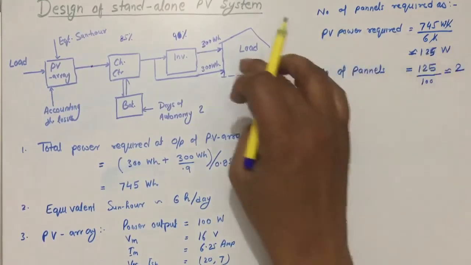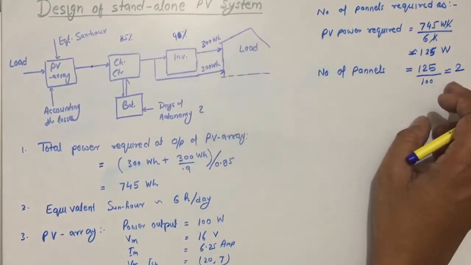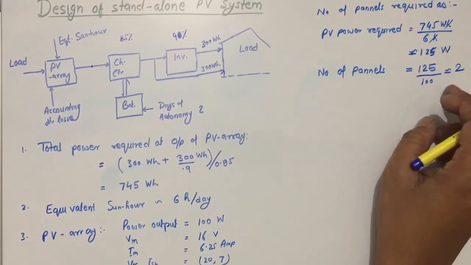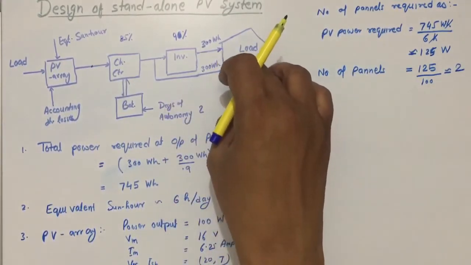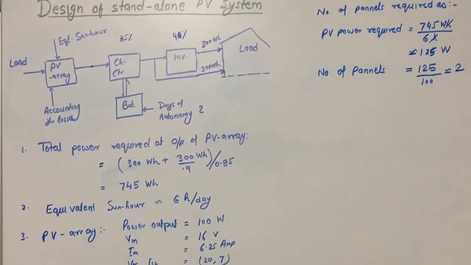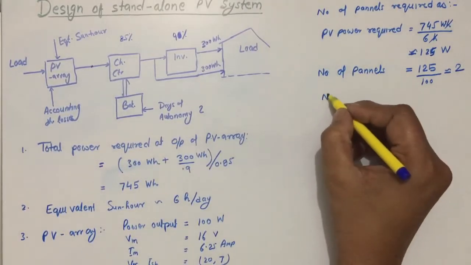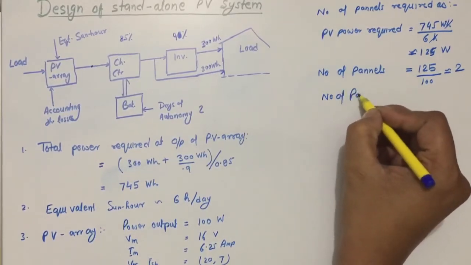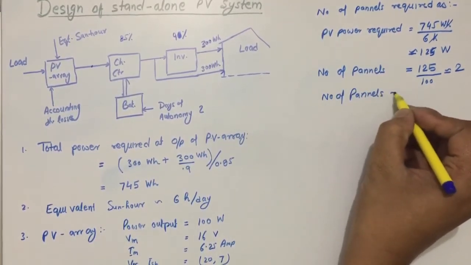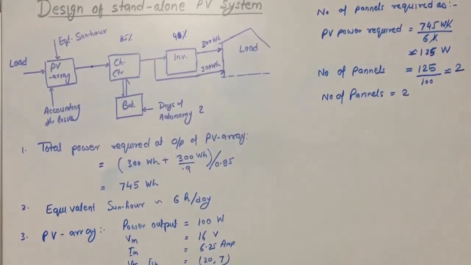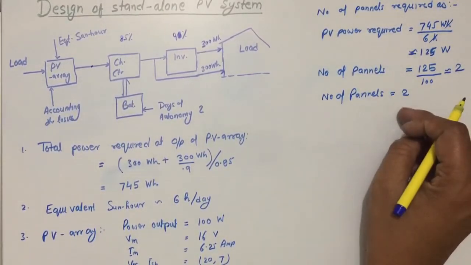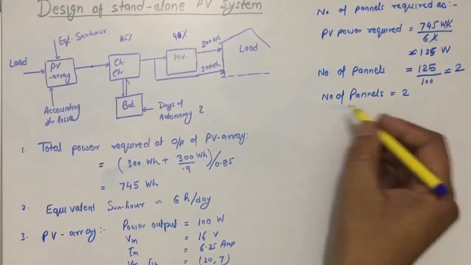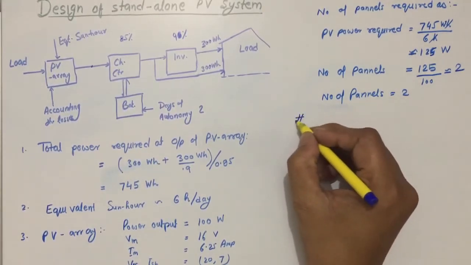So to fulfill the load requirement, we require 2 panel boards. It is decided that there are 2 panels. And now the next important thing is whether they are connected in series or shunt. After knowing the number of panels, it is important to know their connection.